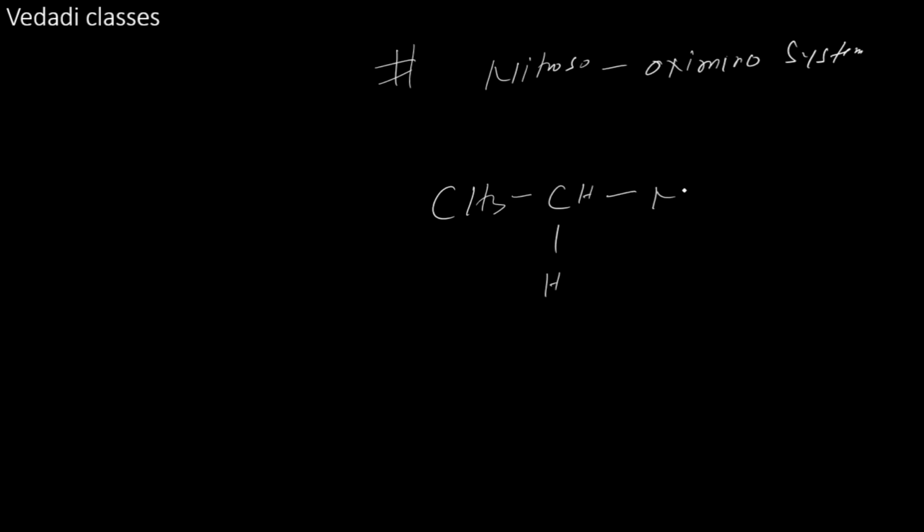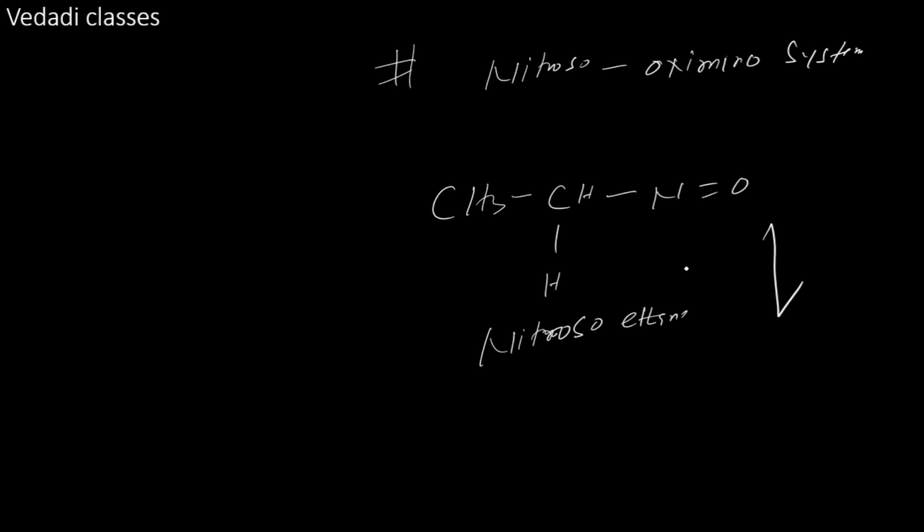The nitroso-oximino system. What do you say? Nitroso-oximino system. So what is this one? This is the example of CH3, CH2, N double bond O. This is known as nitrosoethane.